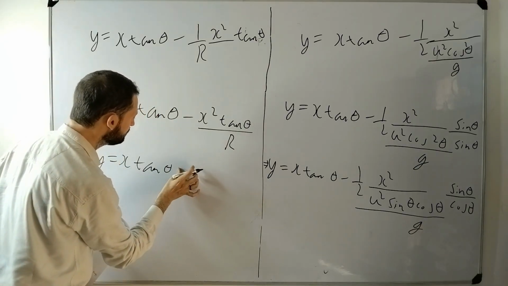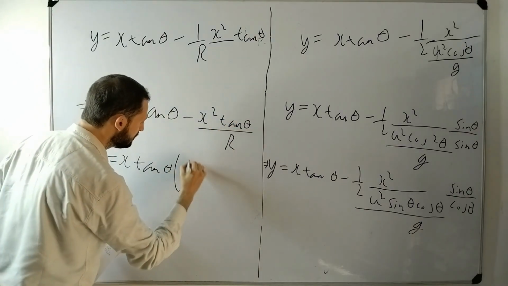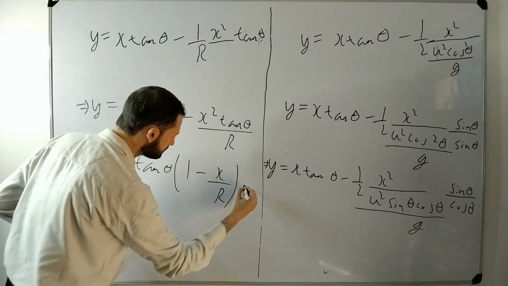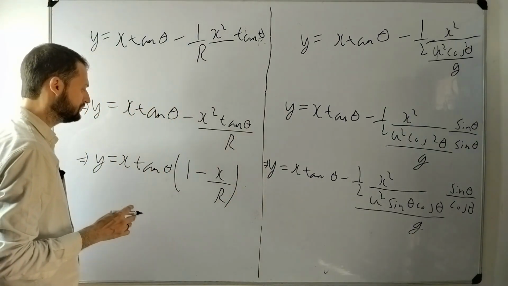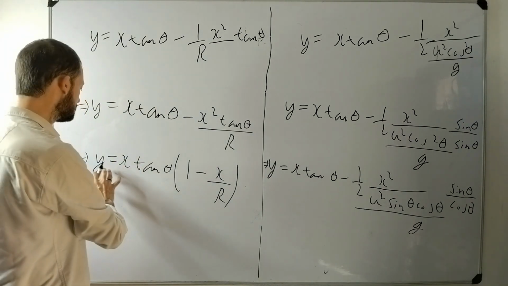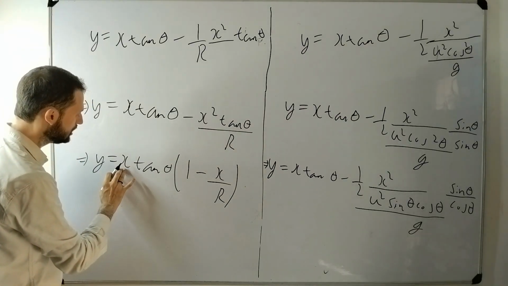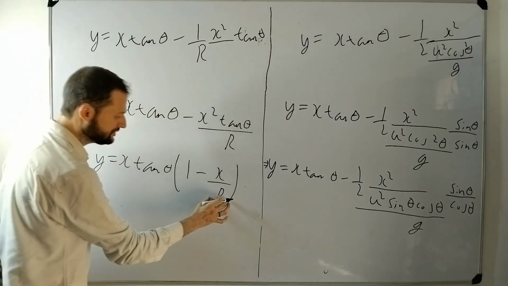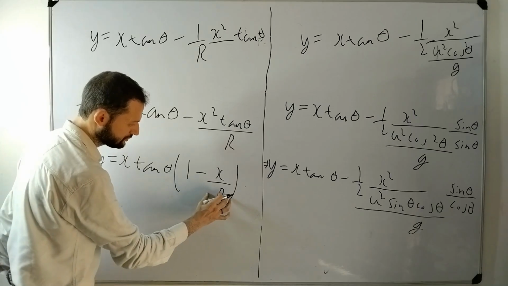More simplifying this equation, taking x tan theta common, y equals x tan theta times 1 minus x divided by R. So students, I want to give certain description of this equation. This x is the horizontal distance at any point, but this range is the whole range.